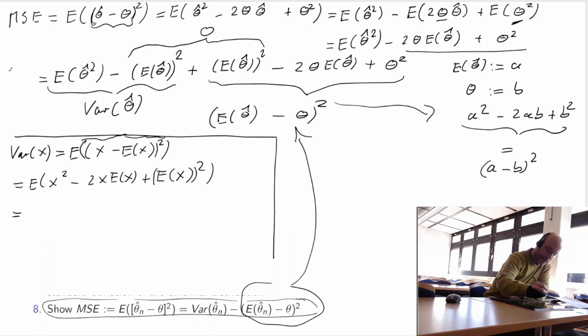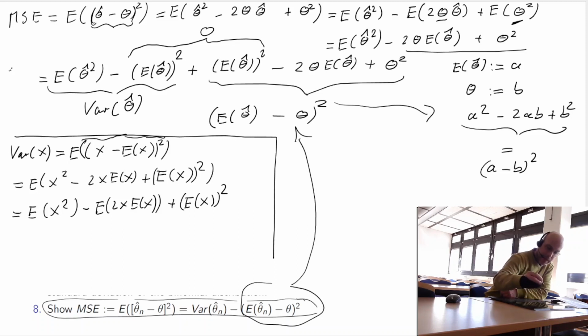Again, linear operator. This is E of x squared minus E of 2x E of x plus E of x squared.